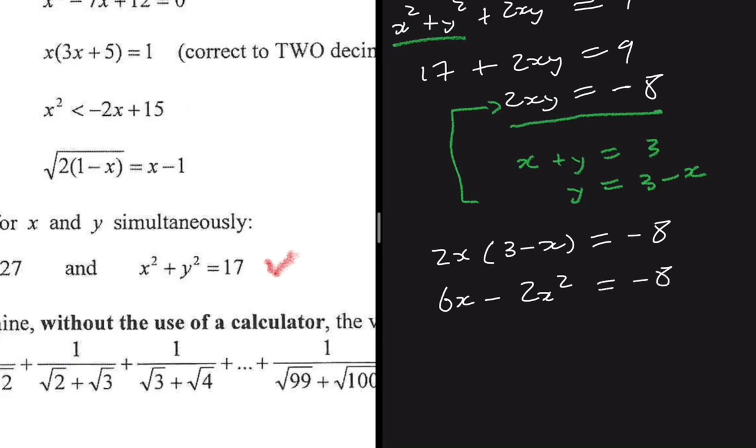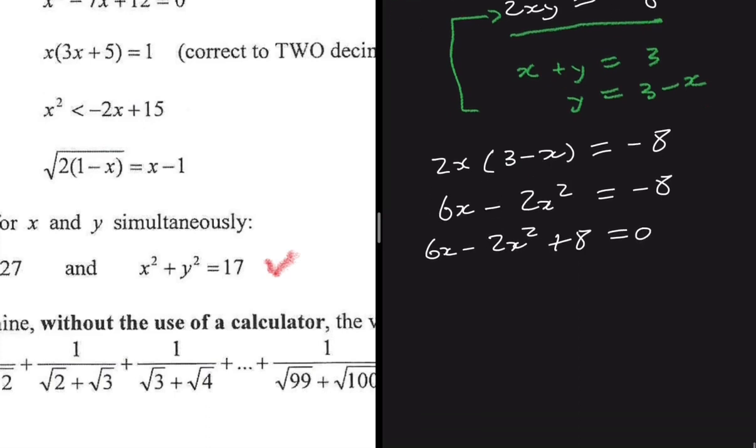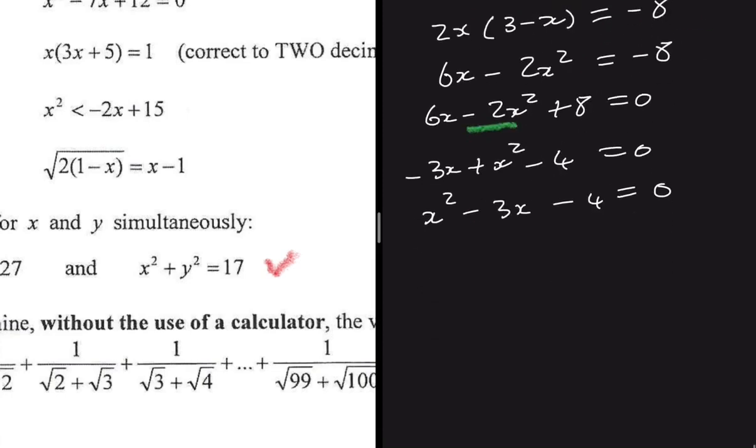Now let's take minus 8 to the left hand side. We're going to get 6x minus 2x squared plus 8 equals 0, right? And then if we divide everything by minus 2, we're going to get minus 3x plus x squared minus 4 equals 0, right? So we can write this nicely as x squared minus 3x minus 4 equals 0, right?